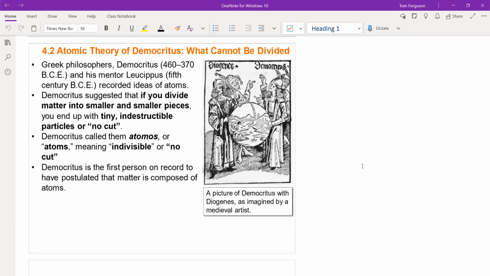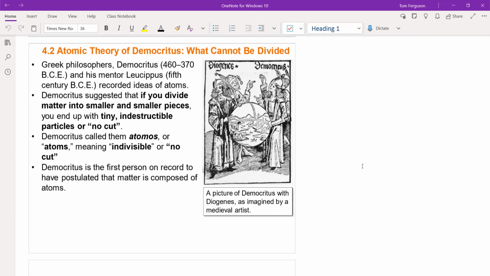I'm going to take my Jiu-Jitsu knives out and keep cutting. I'm going to get down to the point where it's no longer an apple. That's Democritus' concept, and he called it no cut. You couldn't cut it anymore, and it still retained the original characteristics of what you started with. Atomos in Greek is no cut. So that's where the word atom comes from.